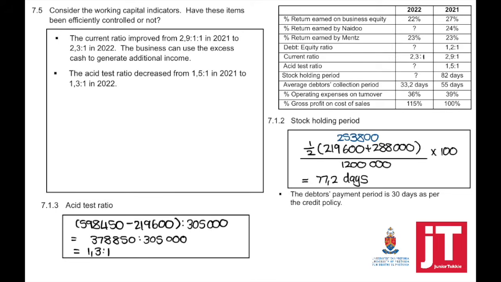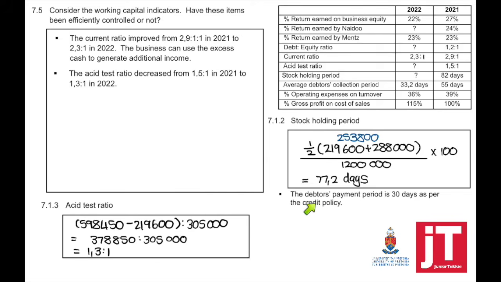The next financial indicator which we can use is the average debtors collection period. It improved from 55 days to 33.2 days. Or you can say the debtors collection period decreased from 55 days to 33.2 days. But you need to realize if the debtors collection period decreases, that is an improvement.